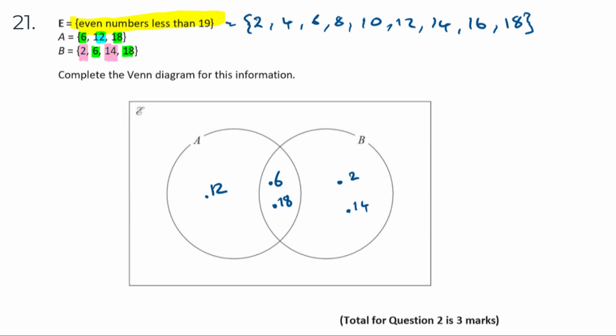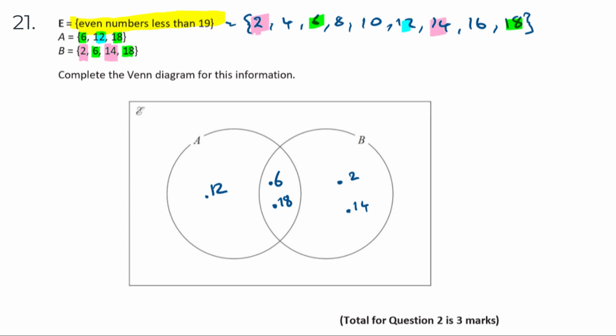Now, I haven't quite finished yet because my universal set has got all those numbers here, and I've only got a few of them down. So let's just go through and tick off the ones we already had. So we had 6 and 18 in the middle, didn't we? And then we had 12 in the left-hand set, and then we had 2 and 14 in the right-hand set.